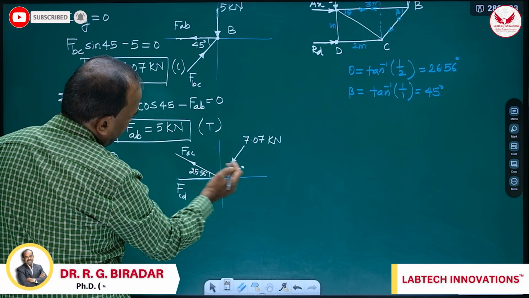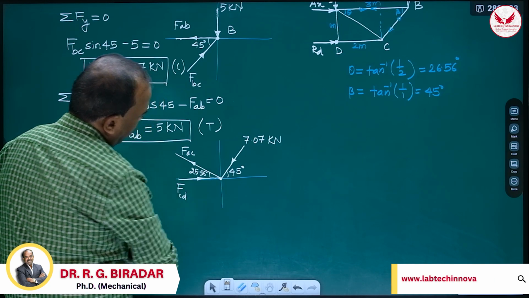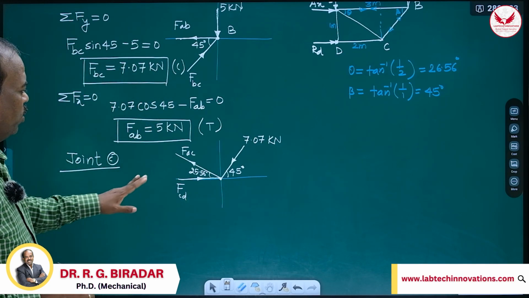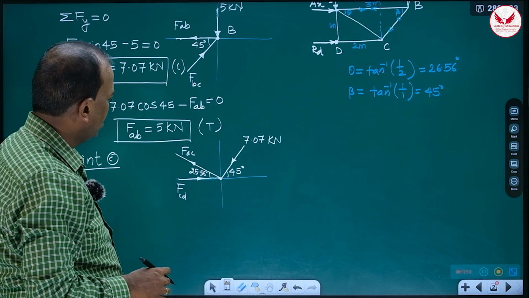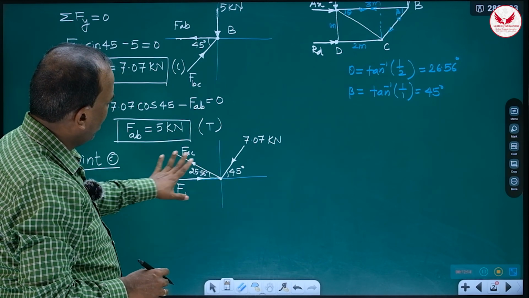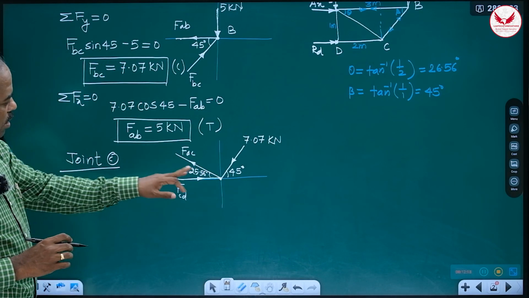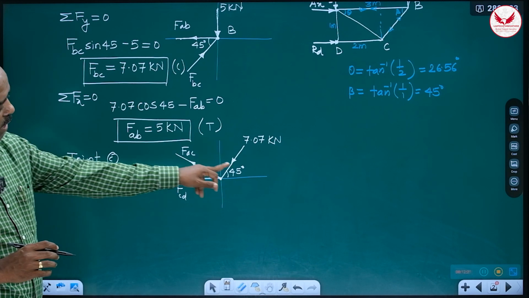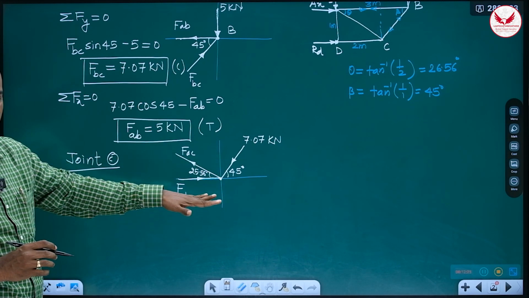Now both these members are towards the left, so this must be towards the right. When three members are meeting at a point and the direction of one force is known, easily we can choose the correct direction. Now it is a concurrent force system. Two unknowns are there, so we can use two equilibrium conditions.